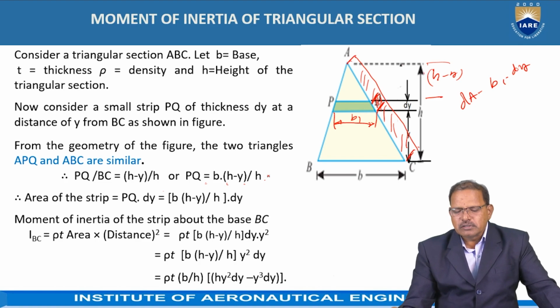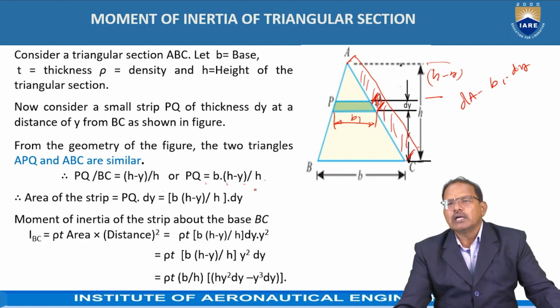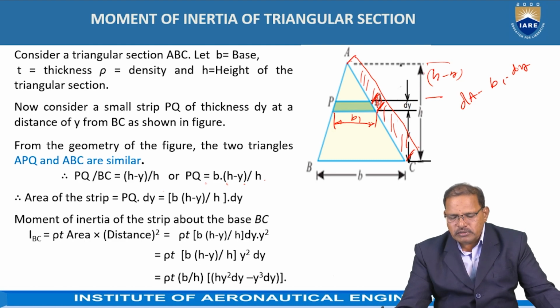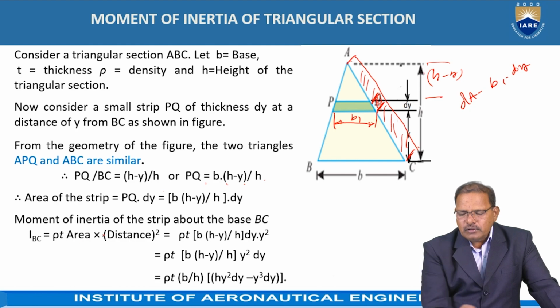The area of the strip is equal to PQ into dy, that is B by H into (H minus y) into dy. The moment of inertia of that entire section about the line BC is obtained by the product of mass multiplied by the square of the distance between the lines. Area is B1 dy, which is B into B by H into (H minus y) into dy.